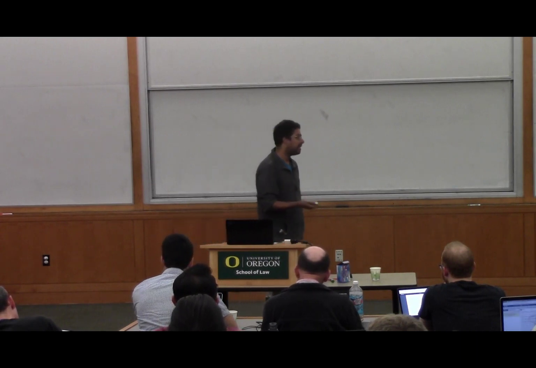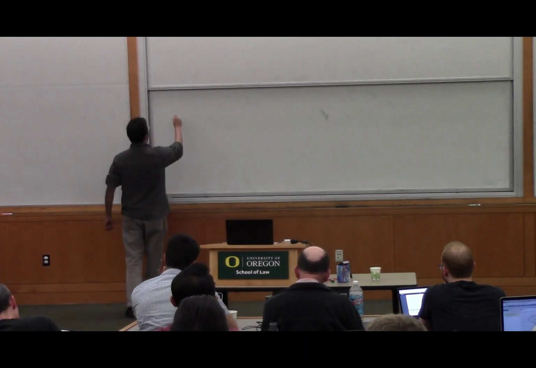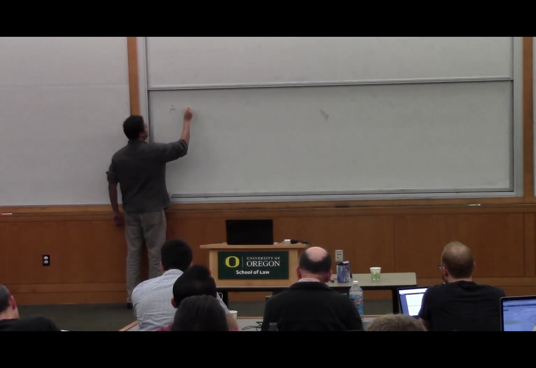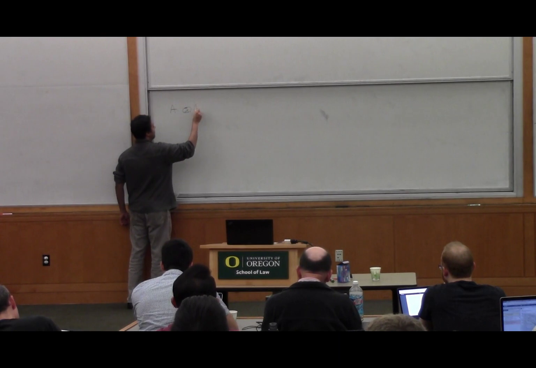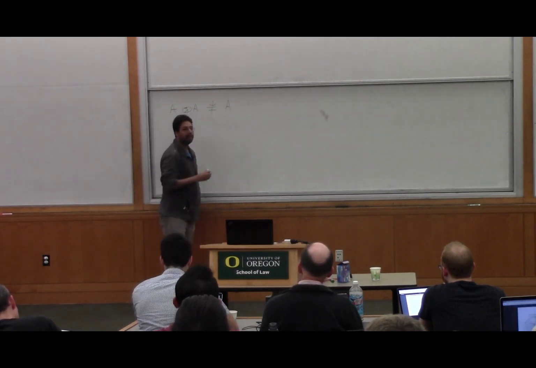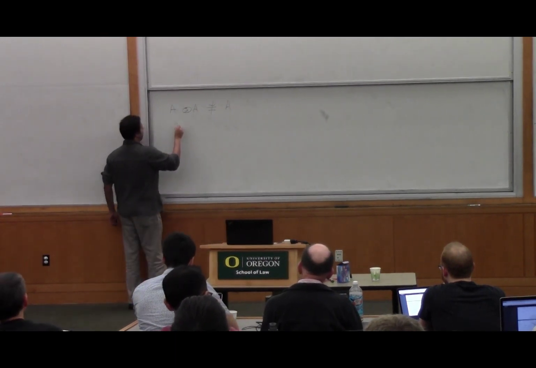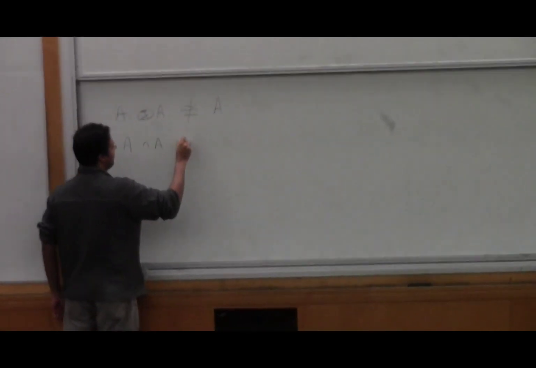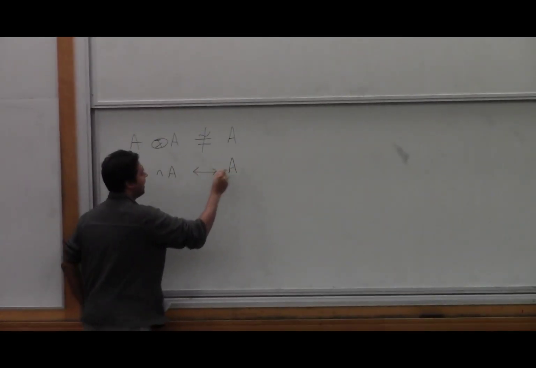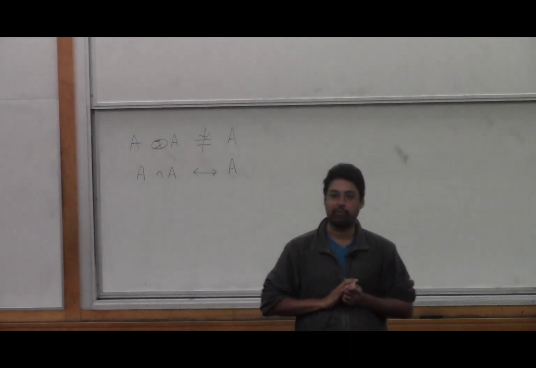So A tensor A is different from A. In linear logic, A tensor A is most definitely not the same thing as A. Whereas in intuitionistic logic, having A and A is exactly equivalent to having A. This is one of the basic properties of having a conjunction.